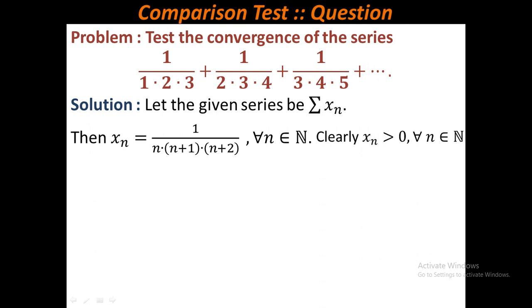Just to see that here xn is in that form, that is, the denominator is a polynomial in n, and this is a 3 degree polynomial. If you simplify it, this will be a 3 degree polynomial in n. So you have to take yn as 1 by n cube, then you get a non-zero real number. For that purpose, we take 1 by n cube for all n belonging to natural numbers.